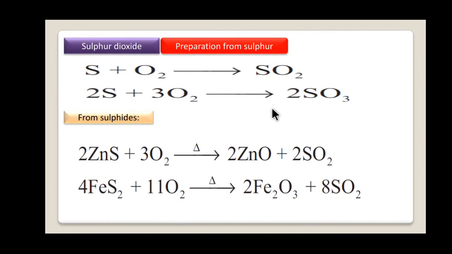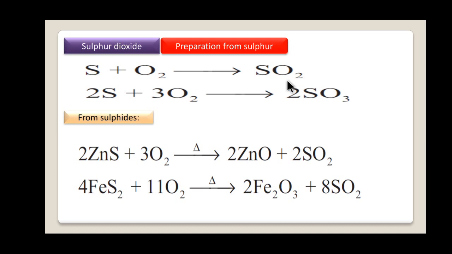Now we are going to see the preparation of sulfur dioxide. The large scale production of sulfur dioxide is done by burning sulfur in air. About 6 to 8% of the sulfur is oxidized to SO3.